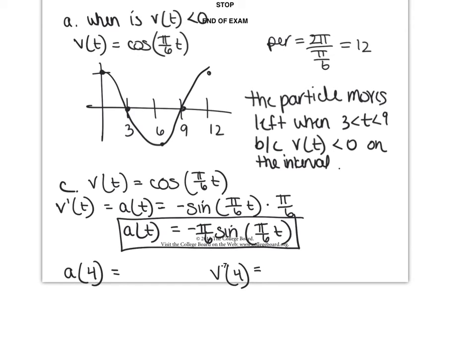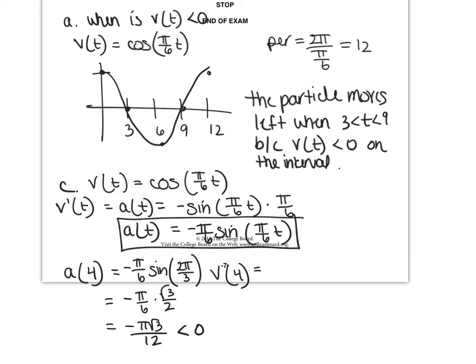So our acceleration at 4 is negative pi over 6 sine of pi over 6 times 4, so that's 2 pi thirds, which will be negative, let's sign it, root 3 over 2. So that's going to give us negative pi radical 3 over 12, which is less than 0.